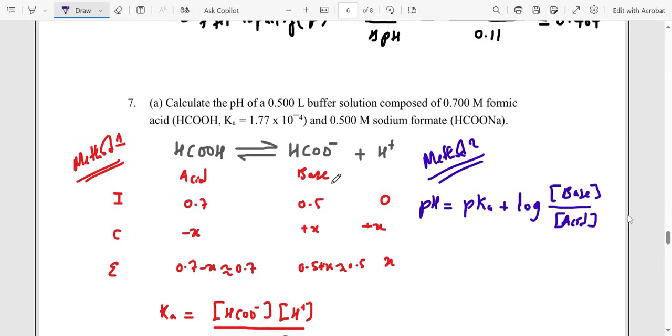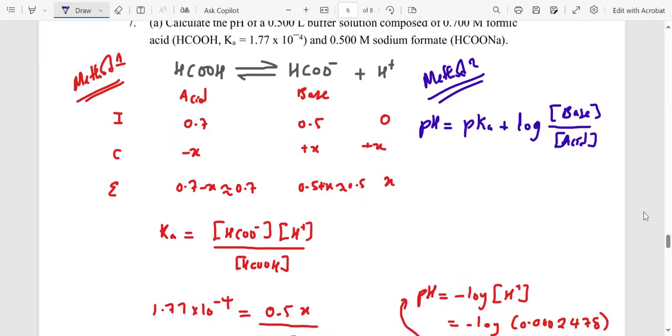Okay, so we come and determine the pKa. Now the way we find pKa, remember I said P of anything is just negative log of that thing. So pKa is negative log of Ka. You can just put here pKa is equal to negative log of Ka, just in case someone doesn't know.